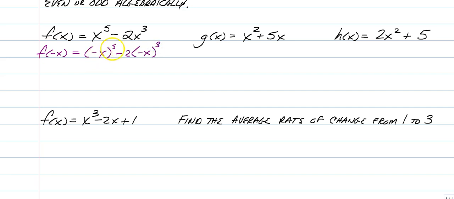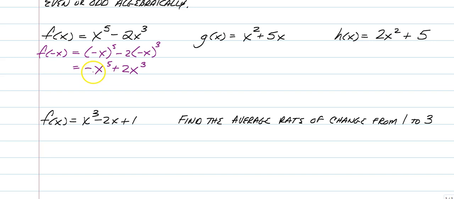Whenever you take a negative and put it to an odd power, it stays negative. So this is negative x to the 5th, minus 2 times negative x to the 3rd power, which is still a negative x. Okay, turning it to plus 2x cubed, because negative times a negative is going to become positive.